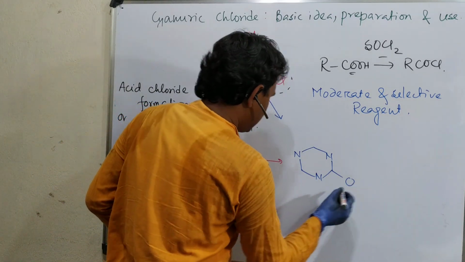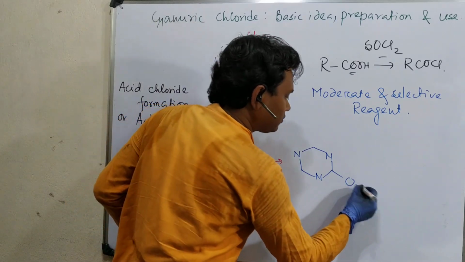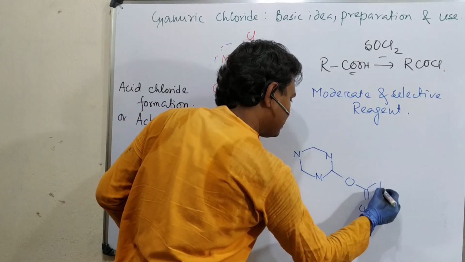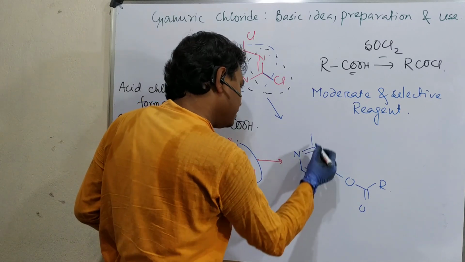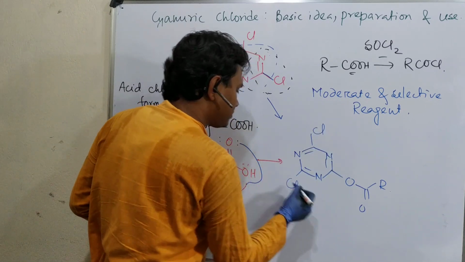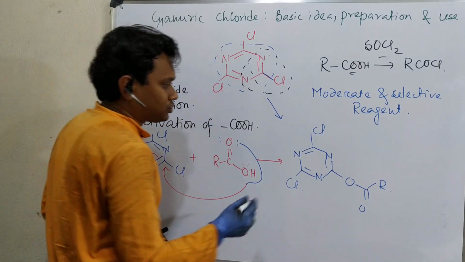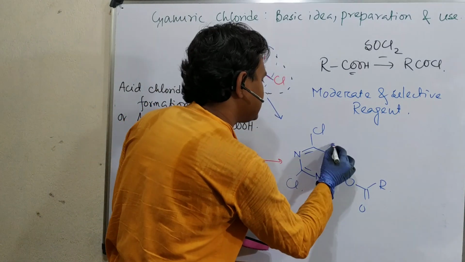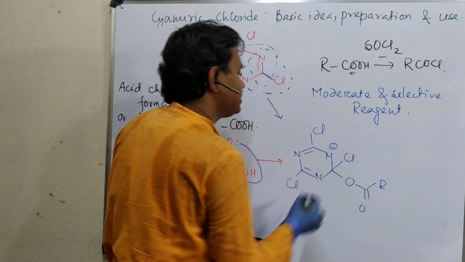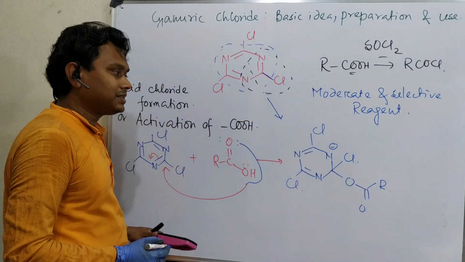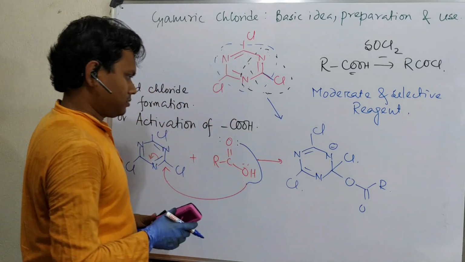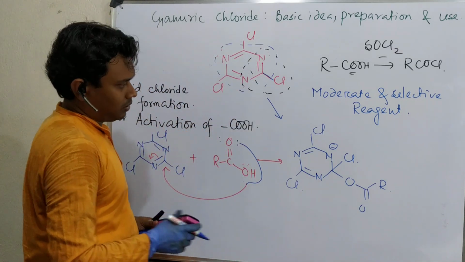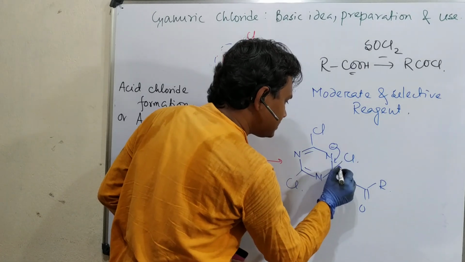So ultimately, after that it will eliminate one proton, and what will it result in? This OR. You know that, that's why I am not going into that much detail. Fine. So after that, let's consider this is the minus, this is the Cl. So in the next step, what can happen? In the next step, it pushes and this Cl leaves.